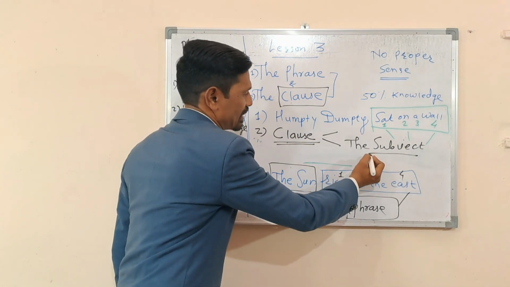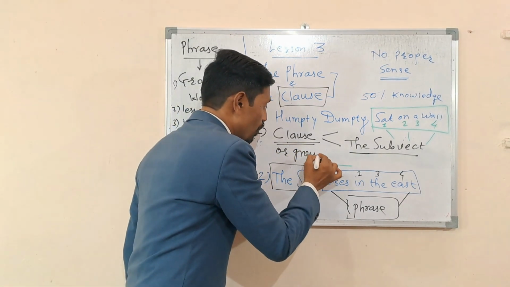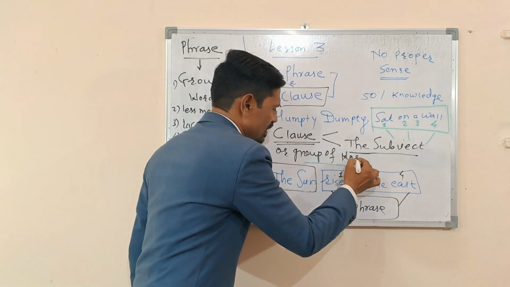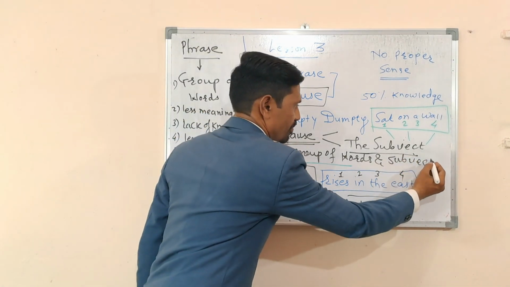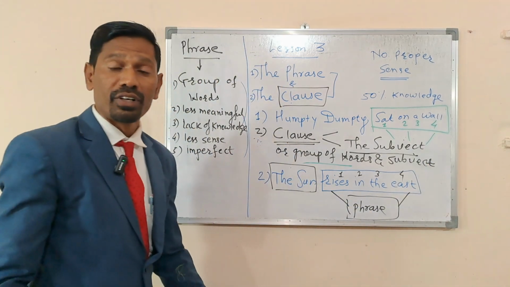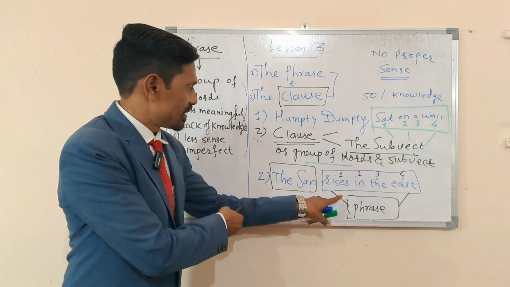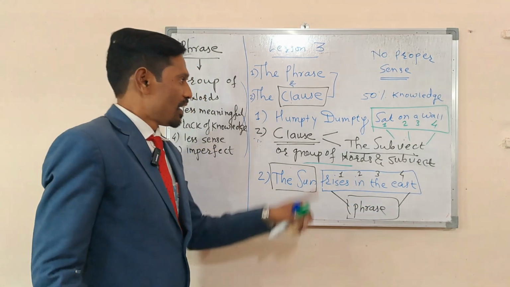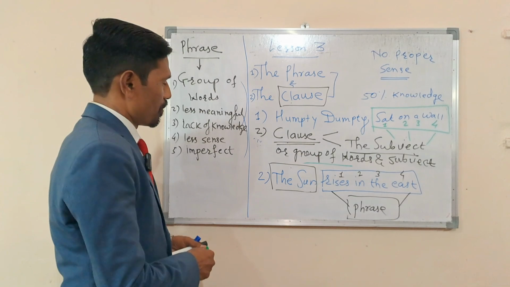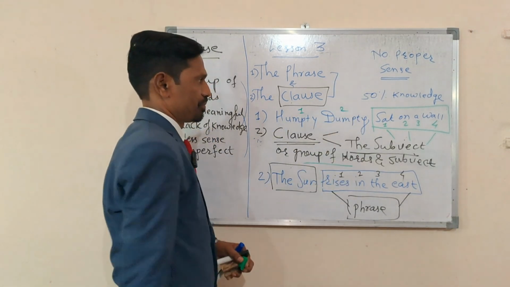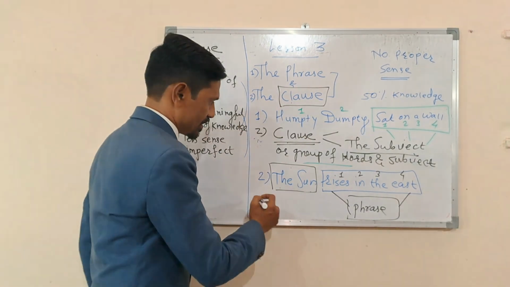Clause is nothing but the subject or group of words and subject. What is that? Group of words and subject means what? The sun rises in the east. Humpty Dumpty. Here are two subjects. First is Humpty, second is Dumpty. Combination of two subjects, that is also known as clause. The sun, only one.